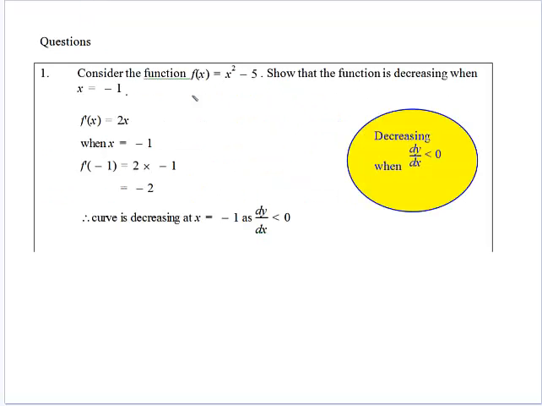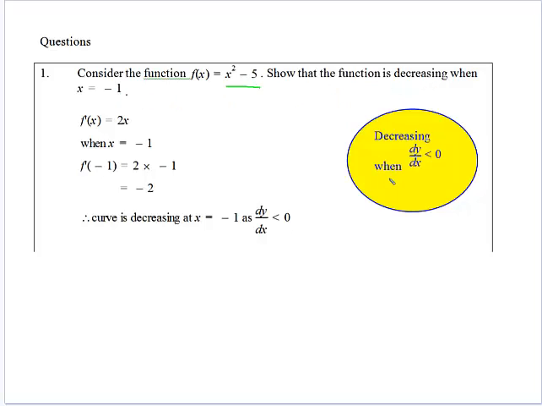So let's have a look at an example. So we know the general situation. We can look at a curve, but we also need to be able to do it when we've got a specific function. So the function is defined as x squared minus 5. Show it's decreasing when x is equal to minus 1.